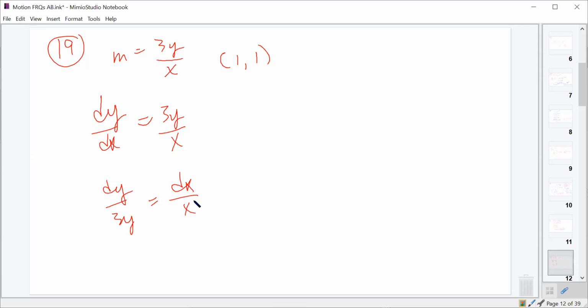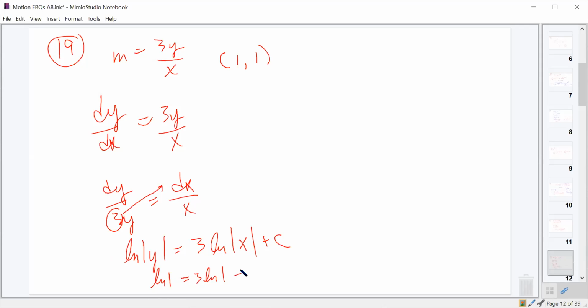If we integrate both sides, we end up with natural log absolute value of y equals 3 natural log absolute value of x plus our constant. And if x is 1, y is 1, that would be natural log 1 equals 3 natural log 1 plus c, where c is 0.